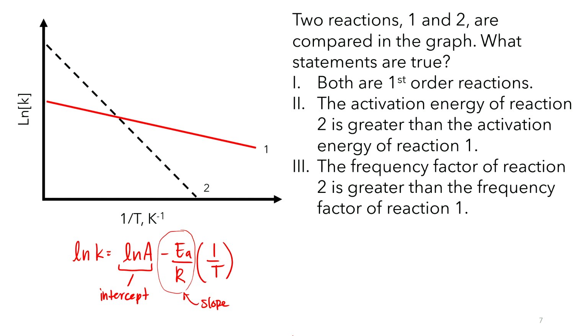I don't have enough information to tell you if this is first order or second order. I have no information about the order, right? I don't have any units for K. I don't have any graph that relates concentration to time. I only have the Arrhenius. And that Arrhenius works for first order or second order. I don't know. So that's a false statement. I don't know that these are both first order.